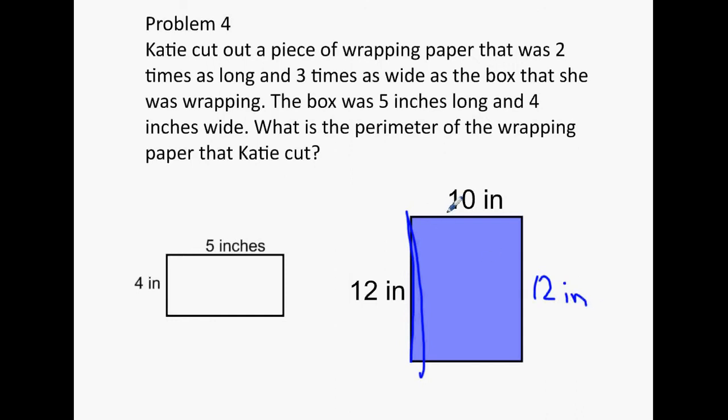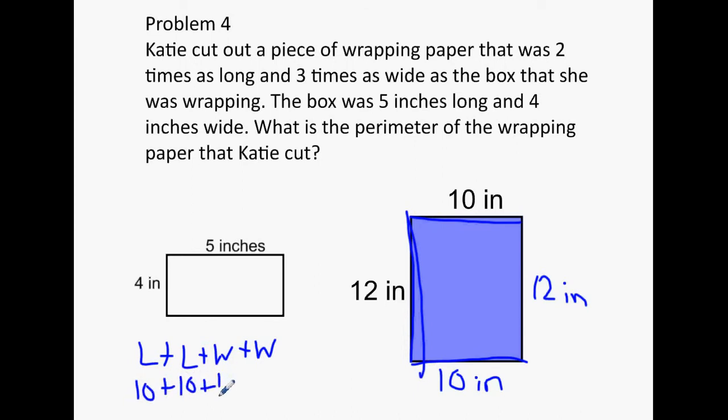If we know that the top is 10, we know the bottom has to be, you guessed it, 10 too. Remember what we got to do for perimeter? It's length plus width plus width. So we're going to add all the way around. So let's do 10 plus 10 plus 12 plus 12. And you'll get your answer.